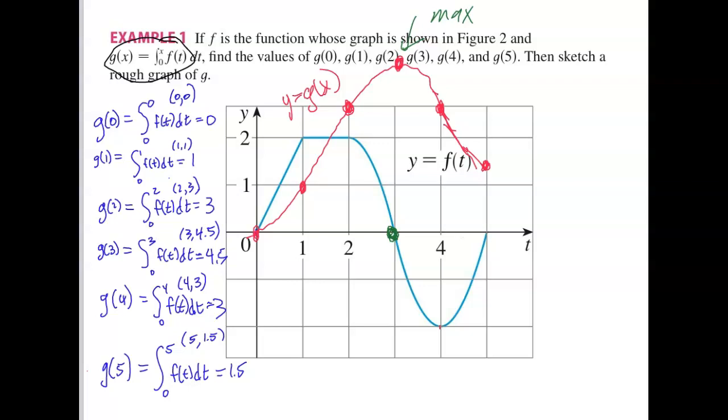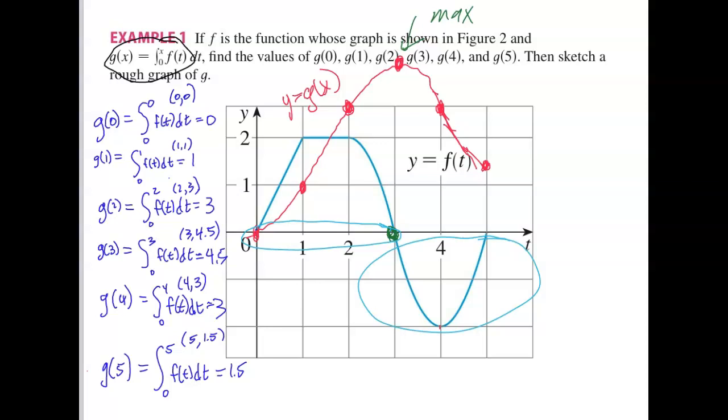Here I have all positive y values for f, right? What's g doing on that interval? What is it doing? It's increasing. Here we have all negative y values of f. What's g doing on that interval? Decreasing? Anybody want to guess at what you think the relationship between f and g is?